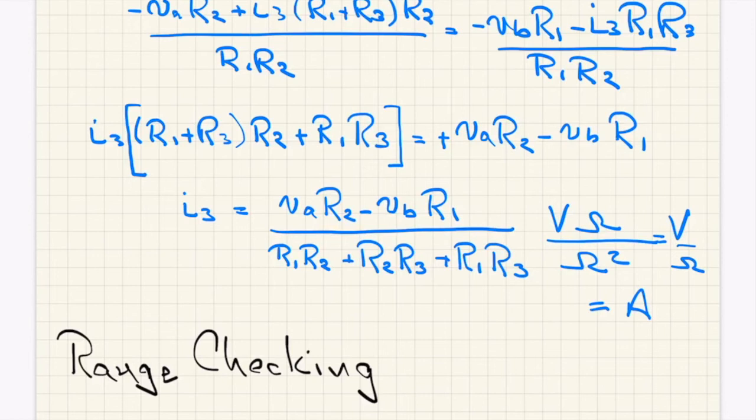Range checking means that we make some variable in our circuit go to 0, go to infinity, something that will ultimately simplify our circuit and allow us to solve a simpler circuit where we're maybe less likely to make a mistake, and then compare the results to the actual algebraic solution that we got from the first part.